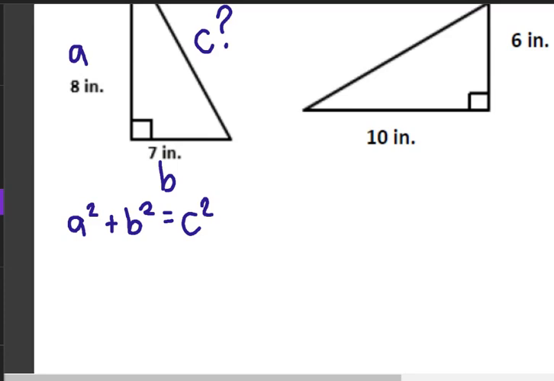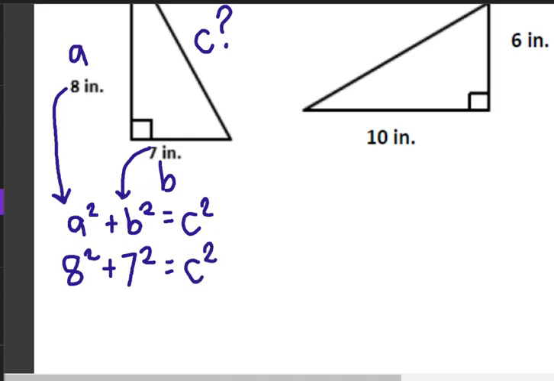So I set that up, and then what I'm going to do is take a, which I know to be 8, and take b, which I know to be 7, and replace those into my equation. So 8 is going to go in there, and 7 is going to go in there. So it'll look something like this. 8 squared plus 7 squared equals c squared.